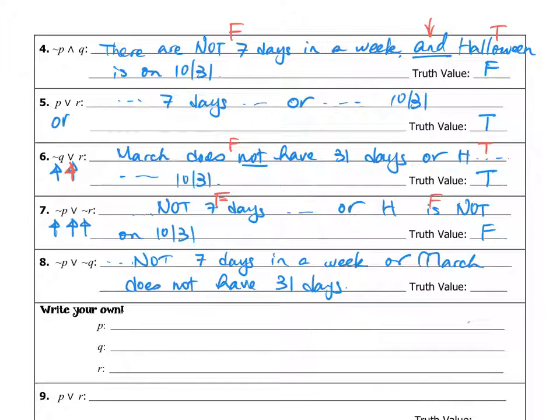Okay, so that's the answer for some of this. And oh, I forgot that this last one is false, because this is a false statement and this second half is a false statement. So scroll it down, finish the rest of it.